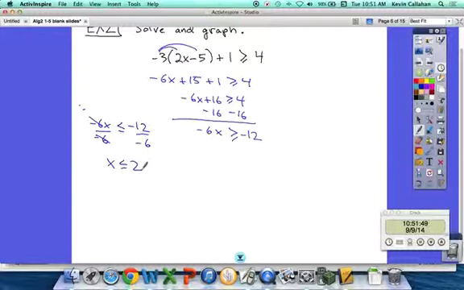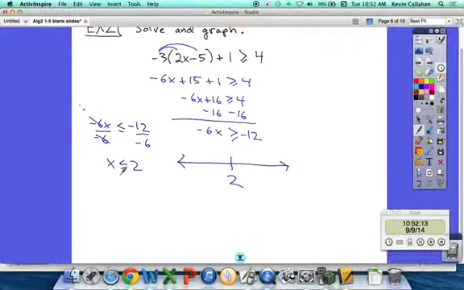Okay, the graph, it says solve and graph. There's only one number you have to put on the graph. That's the 2. I don't care about writing a whole bunch of numbers to the left and the right. The whole thing really depends on how you deal with 2. So here's the 2. Should I use open or closed circle on 2?